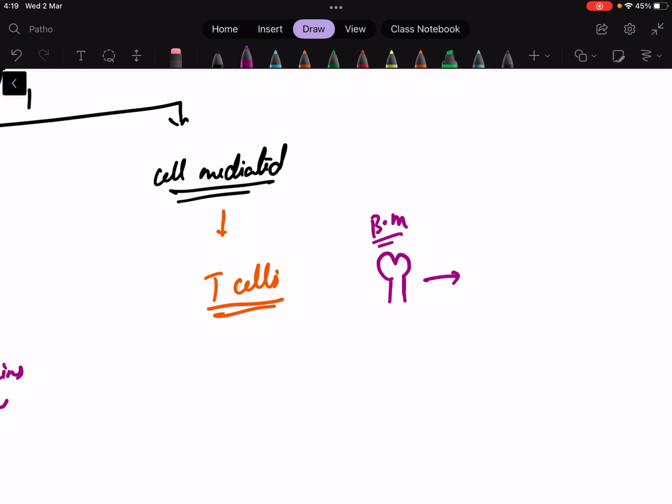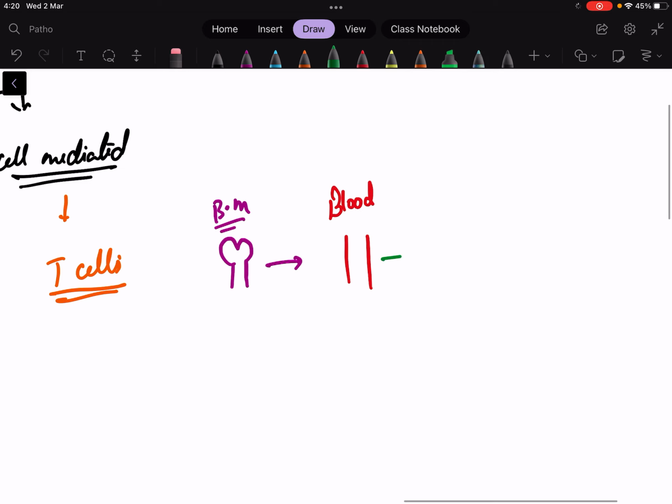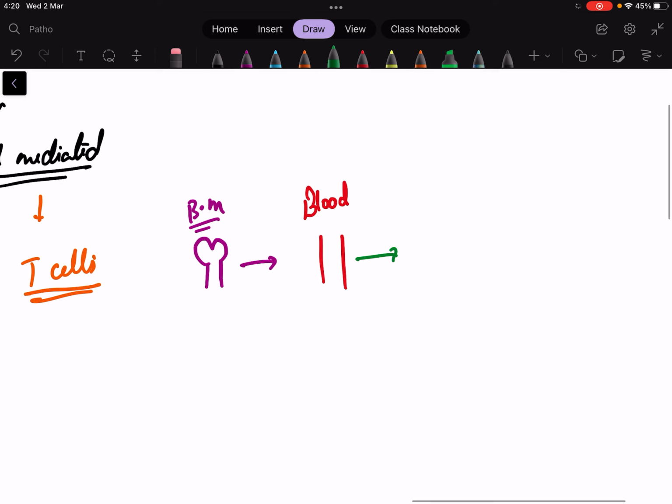From bone marrow they travel into the blood, and from the blood they go to an organ called a lymphoid organ. Okay, let me clear this. Suppose this is the sternum.